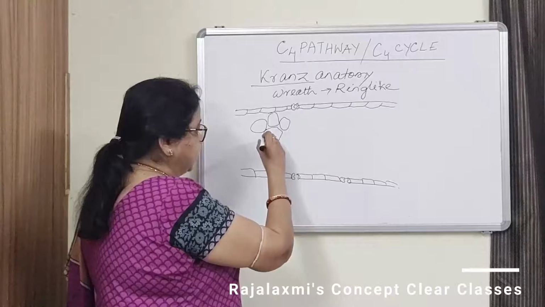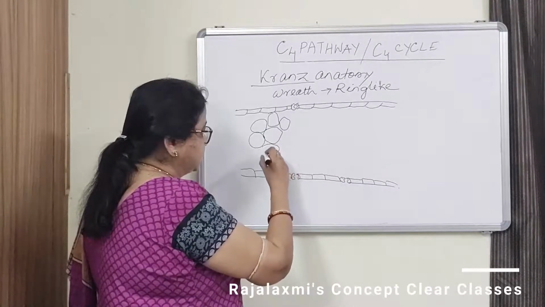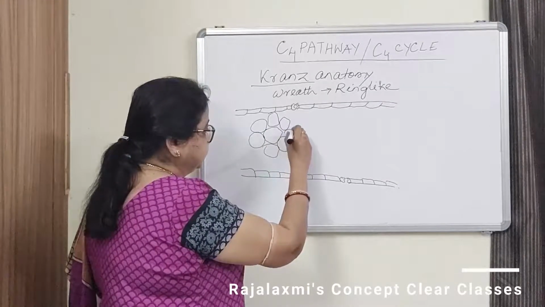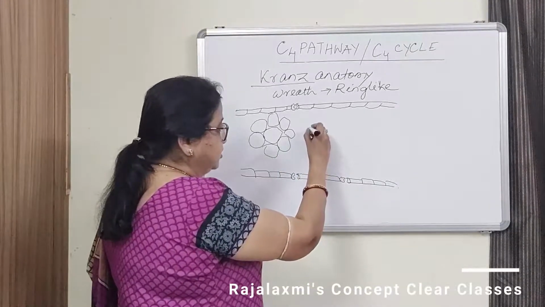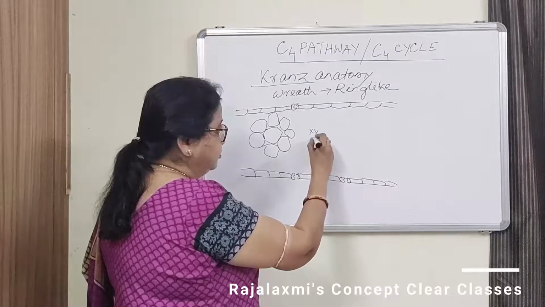These are loosely arranged cells with intercellular spaces. At the center there is a vascular bundle consisting of xylem and phloem.